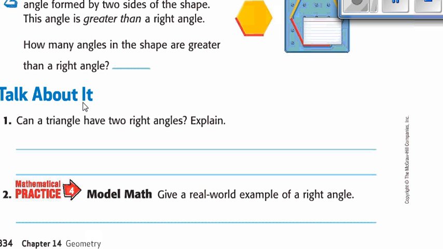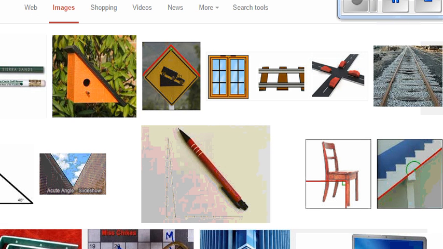Now, the next question is an interesting one. It asks us to give a real-world example of a right angle. So what we need to think to ourselves is, okay, where in the real world can we find the right angle? What I have here are some examples from the internet of right angles. Let's see if you can spot them.